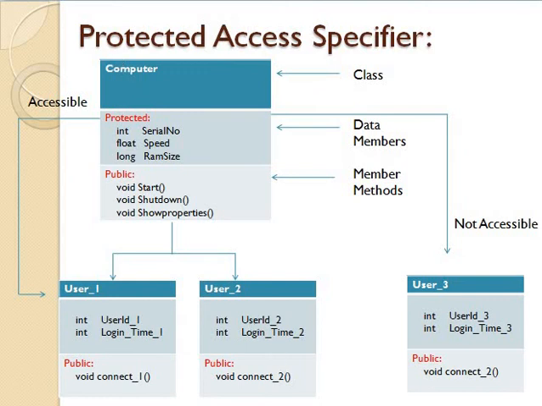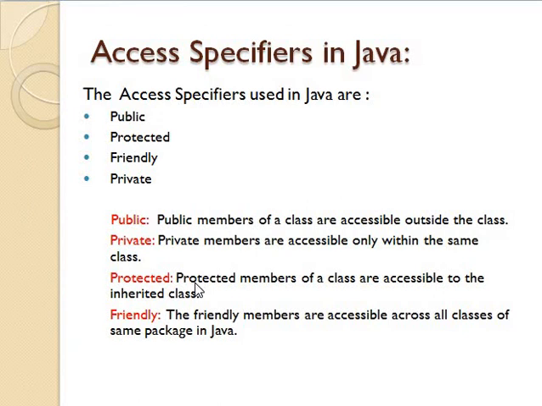Now from this figure, I will explain to you the concept of the protected access specifier. The protected members of a class are accessible to the inherited class.